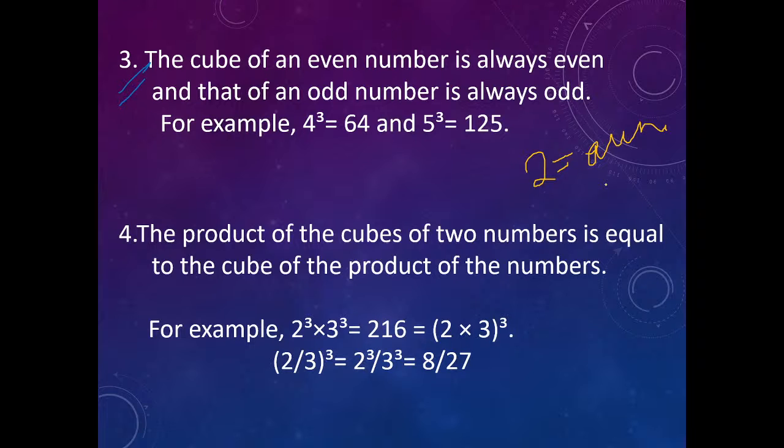If the number is even, like 2, the cube of this number will also be even. The cube of 2 is 8. Now, is 8 an even number or an odd number?